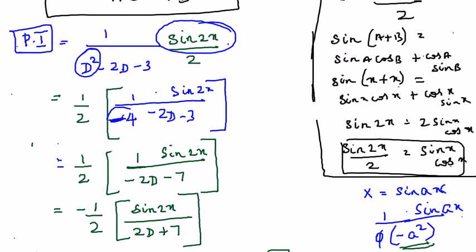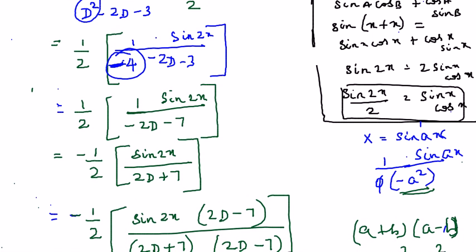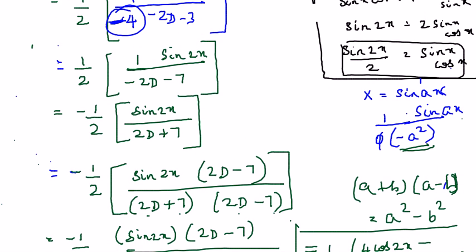Once you do that, the next step is you have to cross multiply with the inverse of this, right? If you have 2d plus 7 here, you have to multiply and divide by 2d minus 7. That's the third thing that you have to remember.